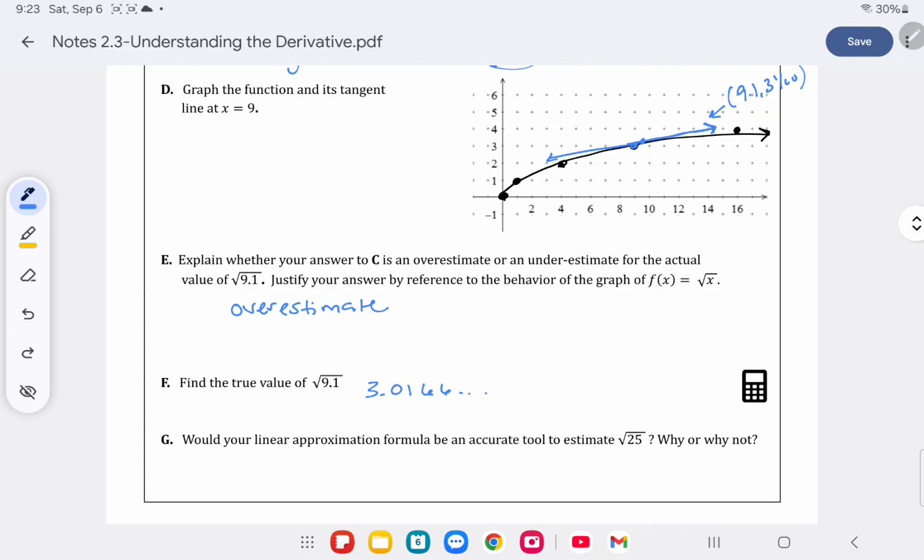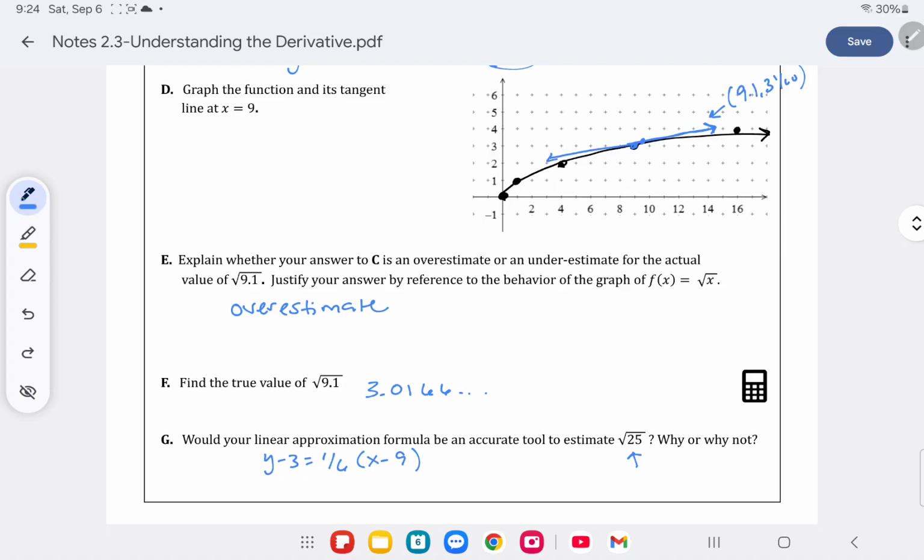But would it work to use that same formula? So that formula we got was y minus 3 equals 1/6 x minus 9. Would it be appropriate to use that equation to plug in 25?